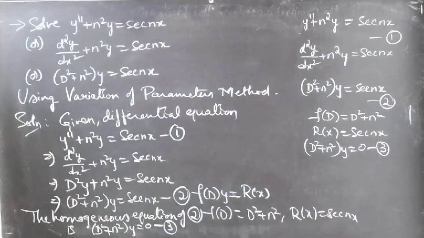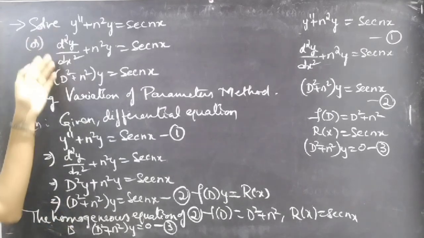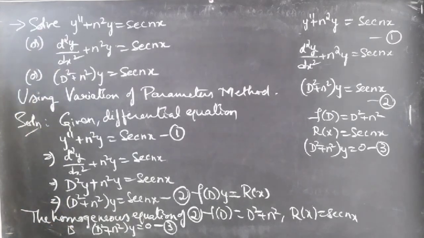Right? Now we'll find the solution to the homogeneous equation using the auxiliary equation, and later using the solution of the homogeneous equation we'll find the general solution of the given equation just by changing the parameters. Okay? Now coming to the auxiliary equation.